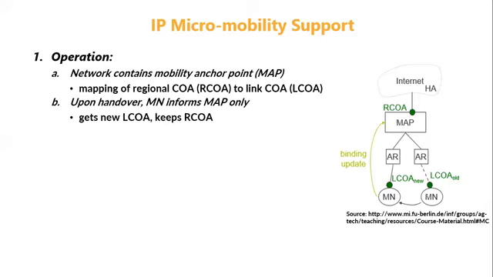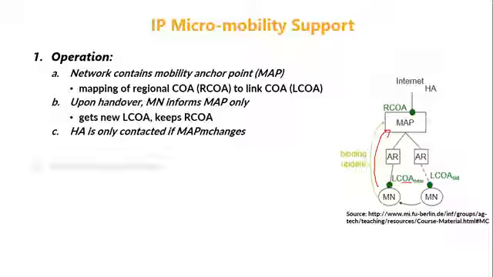Whenever the mobile node switches from one access router to another access router, it will give a binding update to the mobile anchor point, so that the mobile anchor point knows the new COA of the mobile node. This is how IP micro mobility support works.